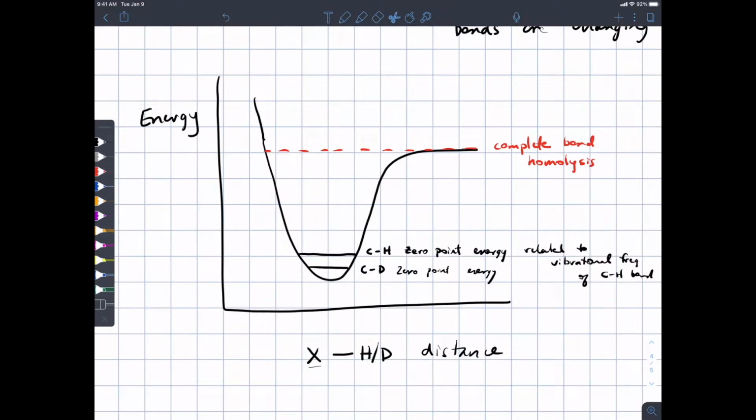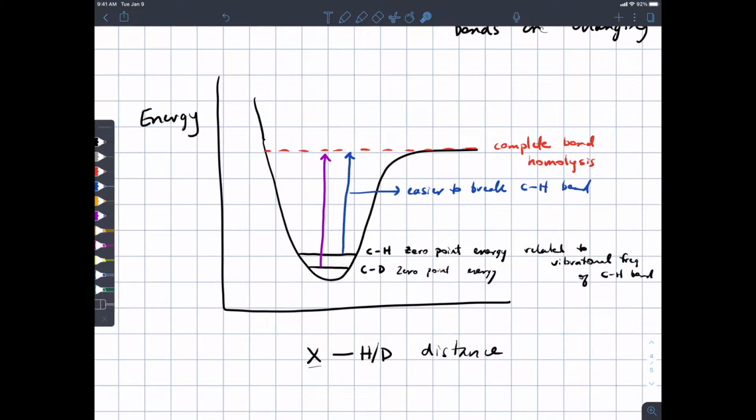So it, in theory, requires less energy, it's easier to break the carbon-hydrogen bond than it is to break the carbon-deuterium bond, because this energy difference in blue is less than this energy difference in purple.